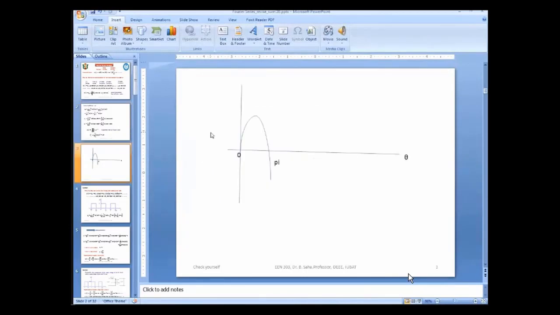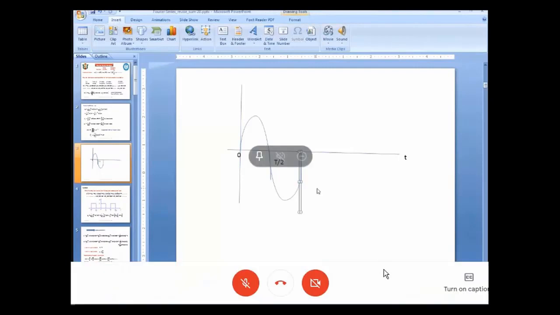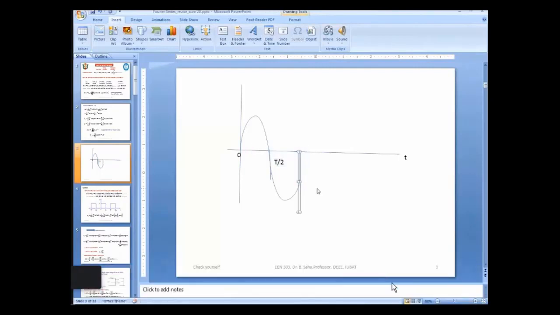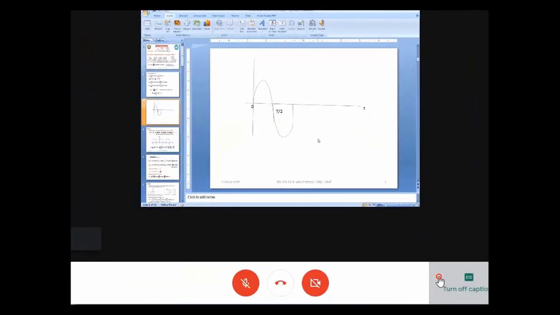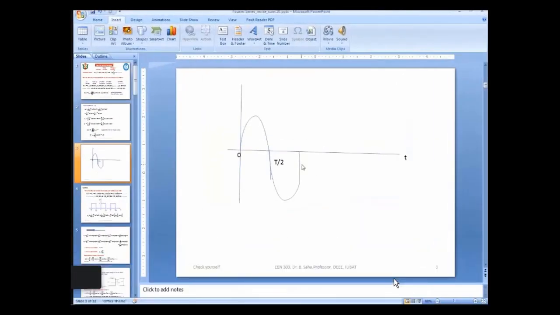Although it's not perfect terms, similarly you can think this is going to be connected here.